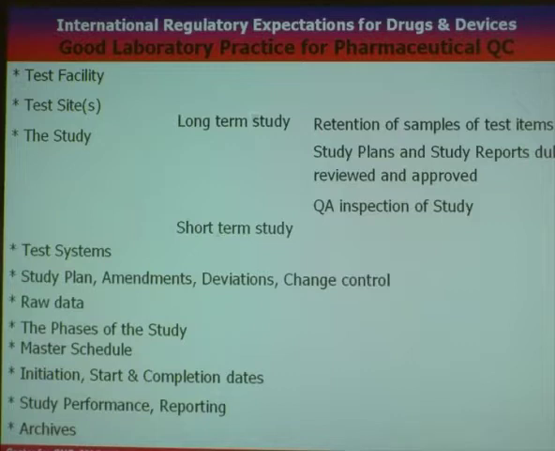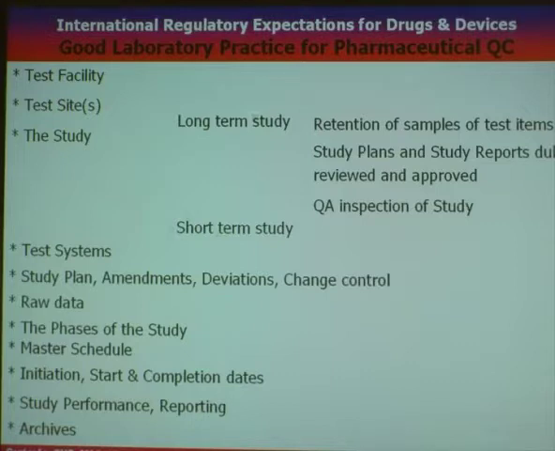Then the raw data: how it will be collected, how it will be handled, how it will be stored. The phases of the study, it could be in one phase, it could be in multiple phases. And then you have what is called the master schedule, from start to finish at one site or several sites, at one location or several locations, under one principal investigator or several such principal investigators with research scientists working under them.